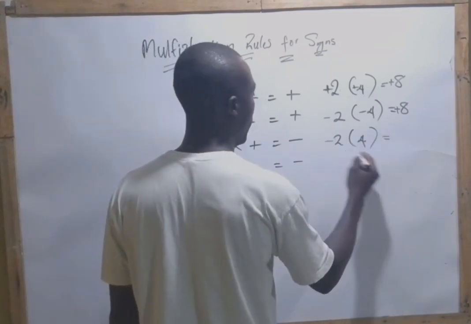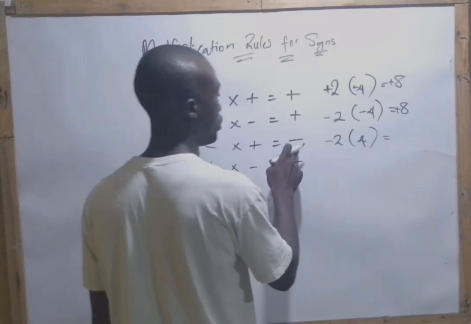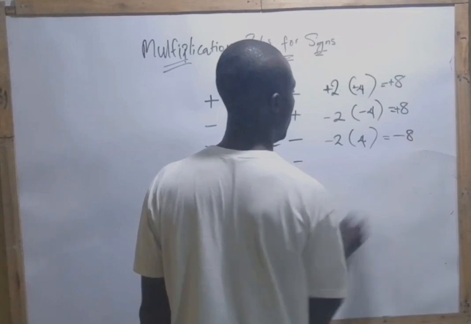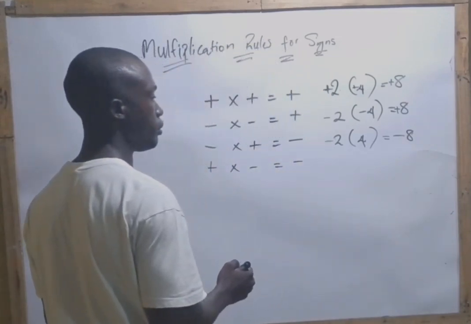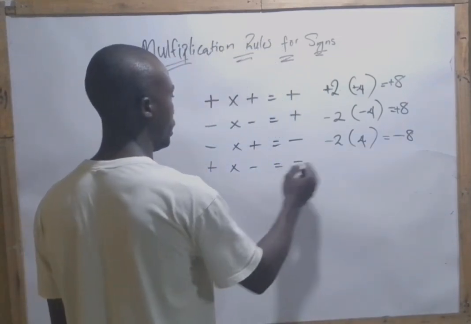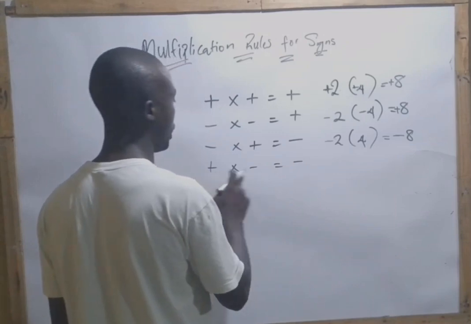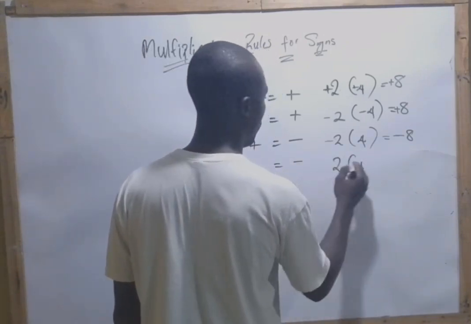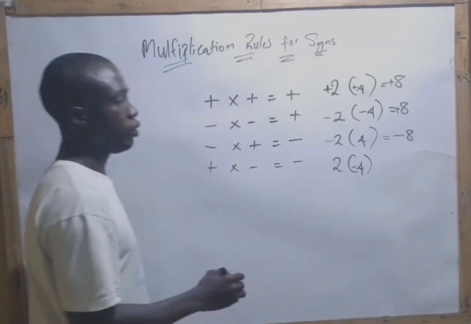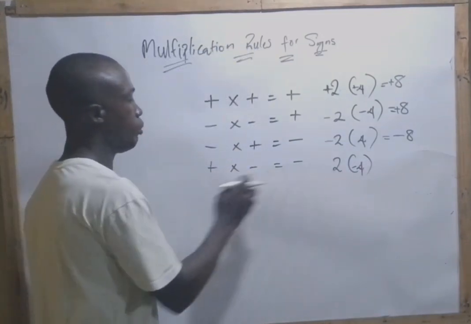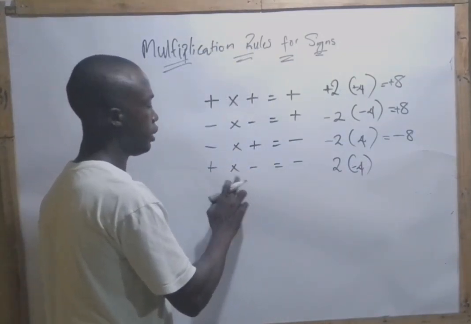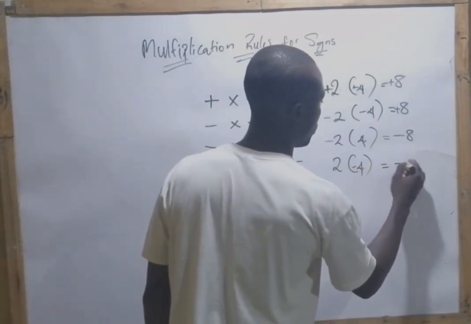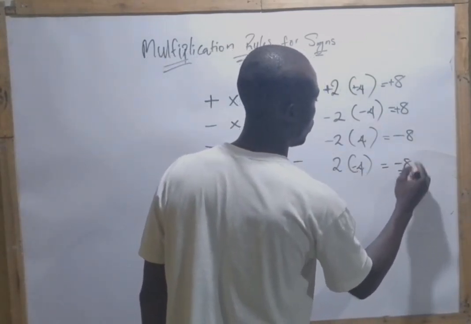So by the time you multiply, minus times plus will give us minus 8. Also, the last one, plus times minus: we have 2 into bracket minus 4. By the time you multiply, plus times minus will give us minus 8.